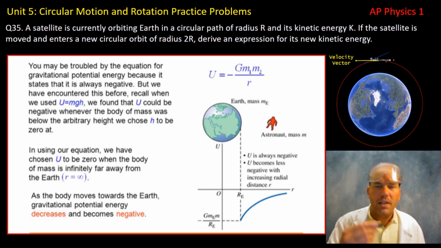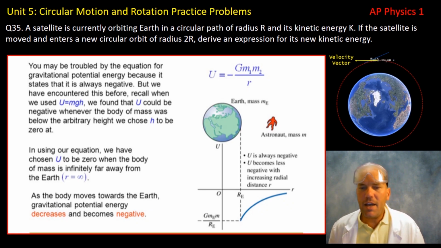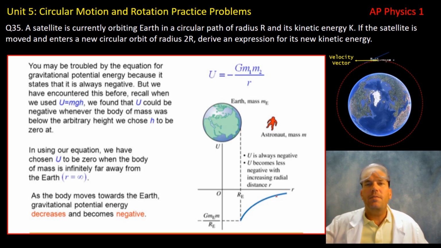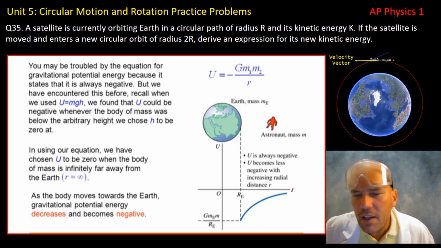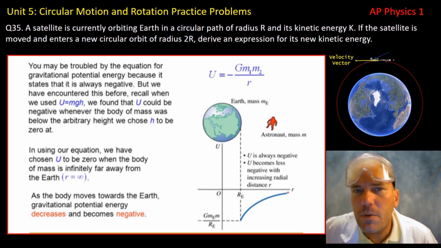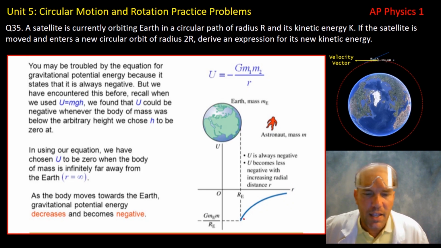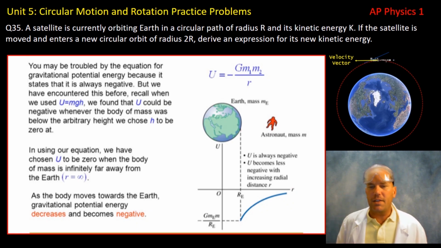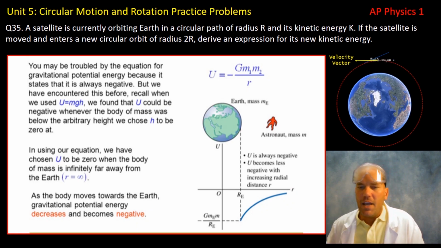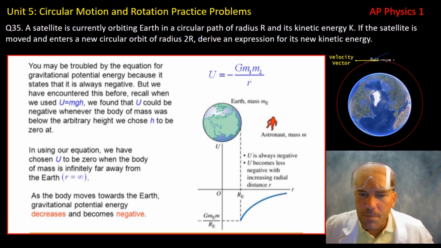Another key point, the value for this is always negative. And in class, I talked about the fact that we are setting our zero line for the universal gravitational potential energy at a distance of infinity. So at an infinite distance, that is our zero line. And because of that, as we get closer and closer and closer, we become more and more negative.